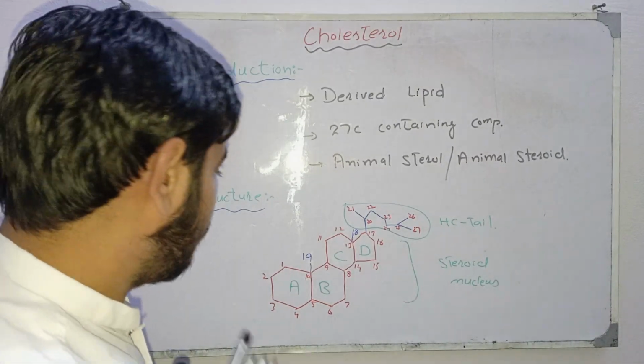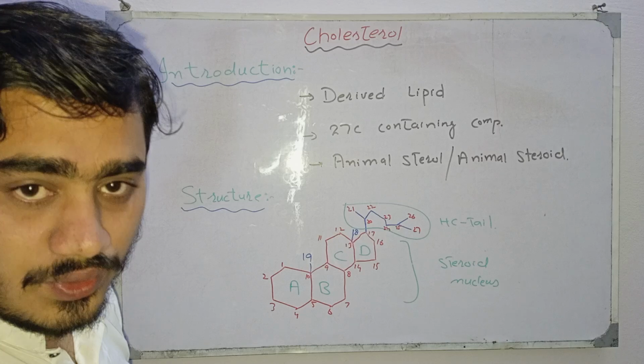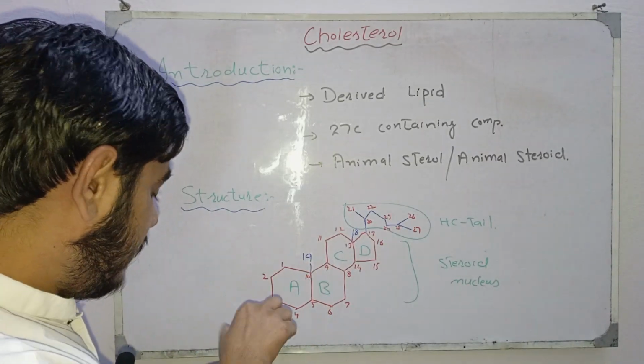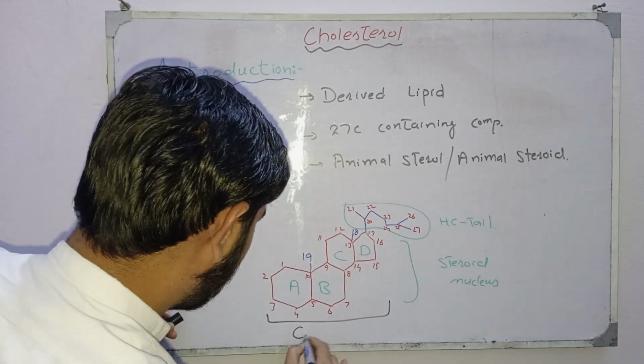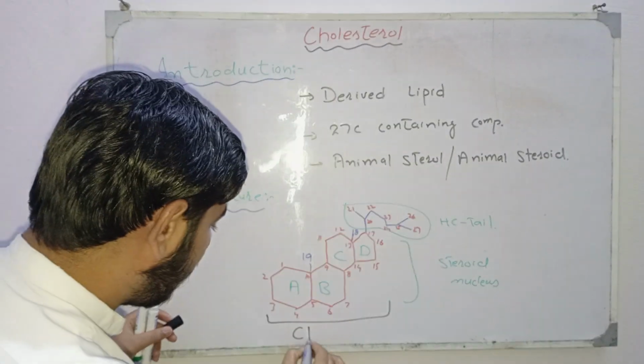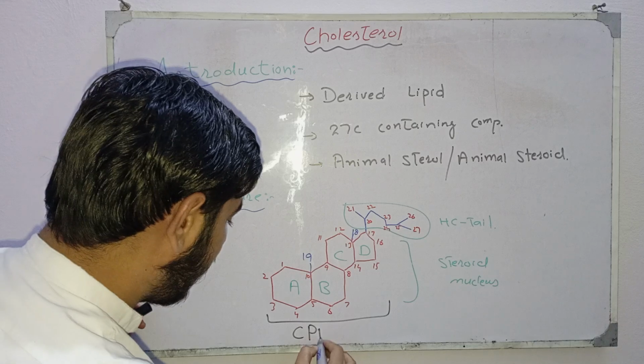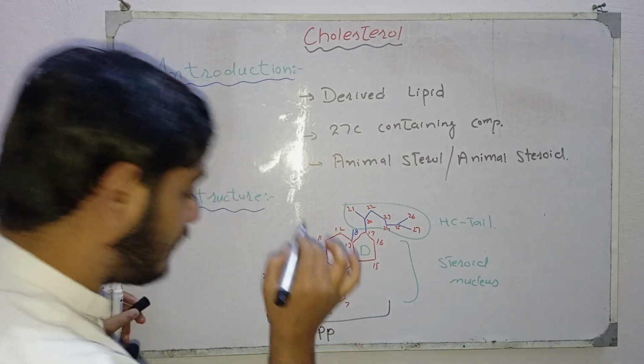Okay students, this is the structure of cholesterol and it contains the cyclopentanoperhydrophenanthrene ring.